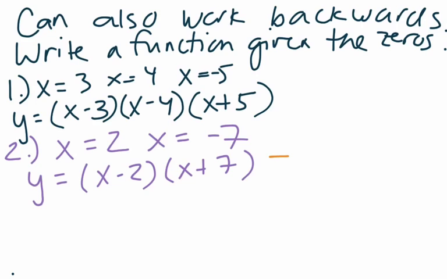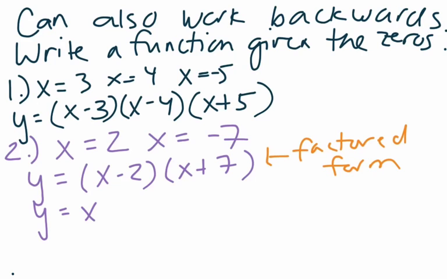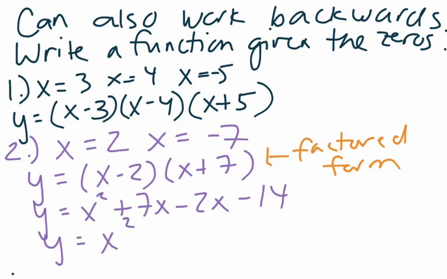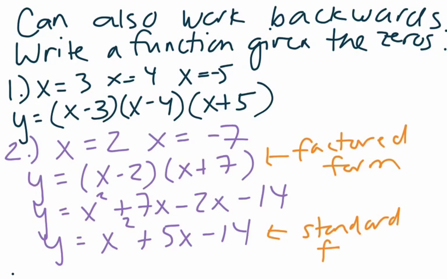As I mentioned before, this is what's called factored form, and you've spent a lot of time taking parabolas and putting them in factored form, but sometimes you'll be asked to multiply it through and give the function in what's called standard form. It's so much fun. And that's usually a directional thing.